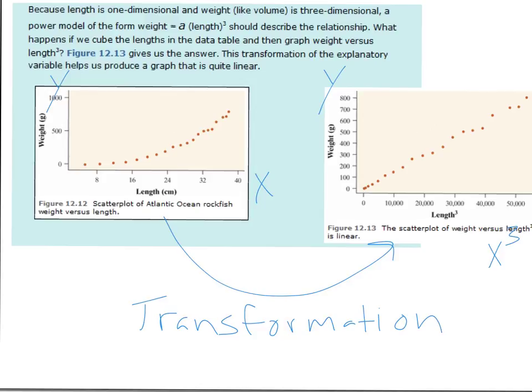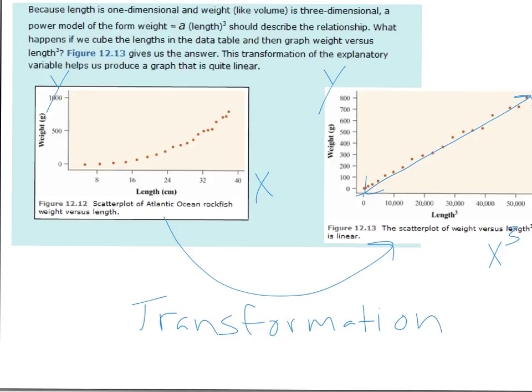That model looks pretty linear. Those points seem to form a line, and couldn't we, in theory, find a regression line that related those two variables?